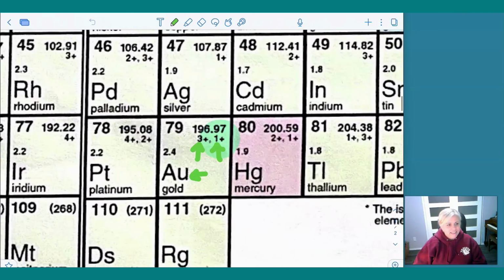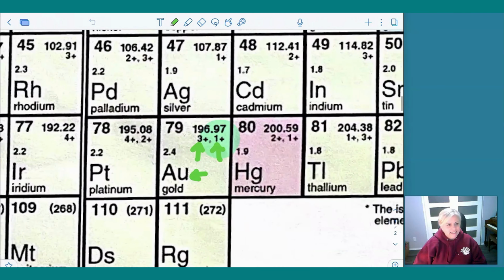It doesn't have that possible difference. So this one is not multivalent. That means that it will never need a Roman numeral. The one below it, gallium, only has one possible way that it can combine. It will always give away 3.